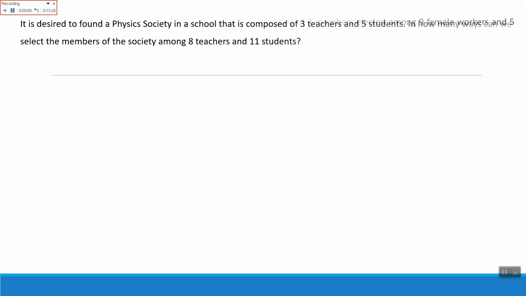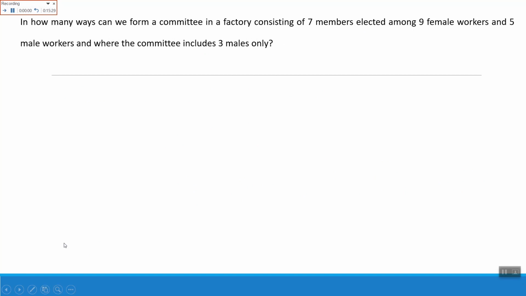Let's carry on. So the next question says the following: in how many ways can we form a committee in a factory consisting of 7 members, elected among 9 female workers and 5 male workers? Okay, let's pay attention to this one. 7 members.